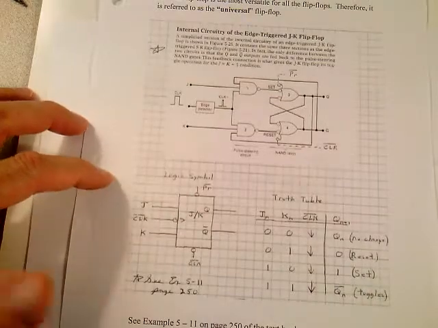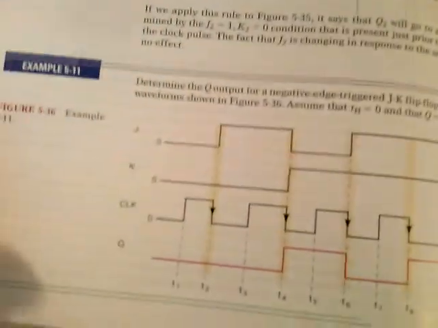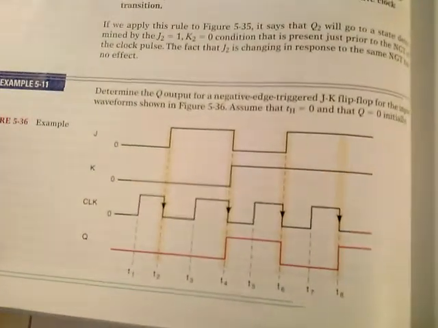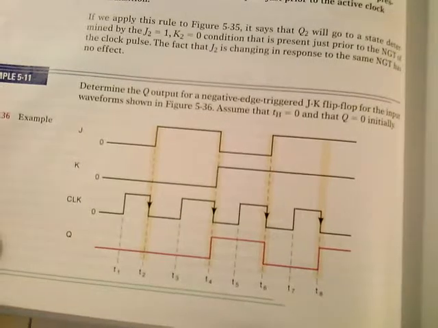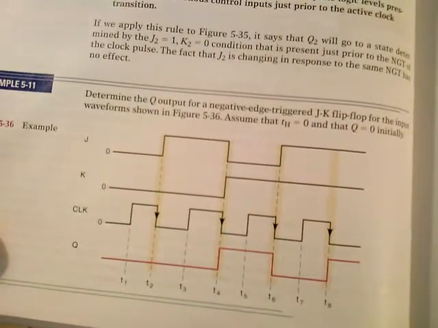Take a look at example 5 on page 250. If you want to take a quick look at that, it looks like this, depending on what version of the book you have. There's problem 511. I don't know if you can read that, but there's the waveform coming in on a J input and a K input, and there's your negative edge triggered clock.